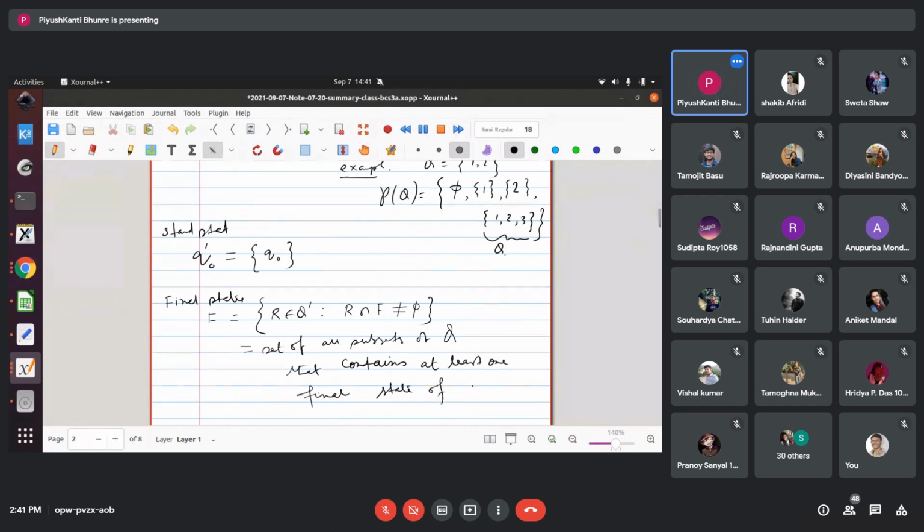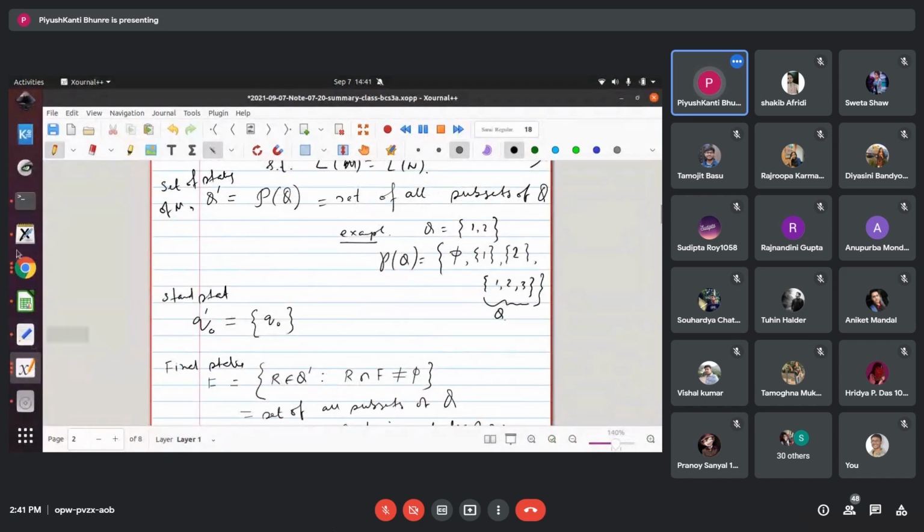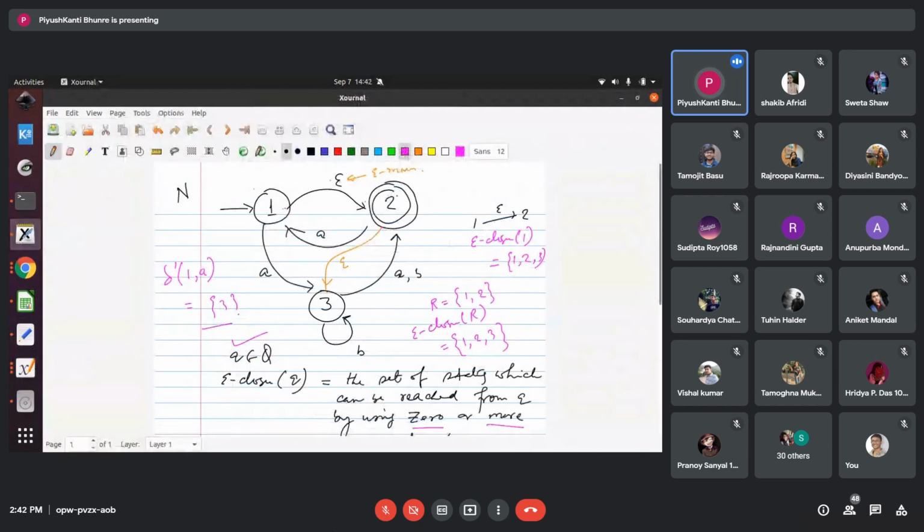Okay, so for example, if in this example you see that there is a final state 2, then the final states I will be considering are the subsets containing only 2, containing 1 and 2, containing 1, 2 and 3, and containing 2 and 3, all subsets that contain one of the final states.